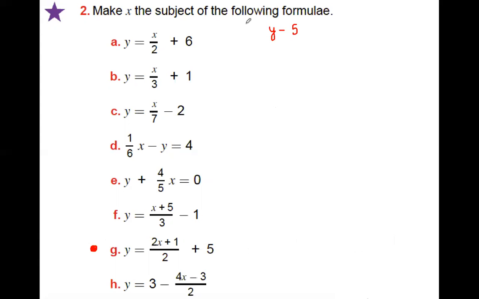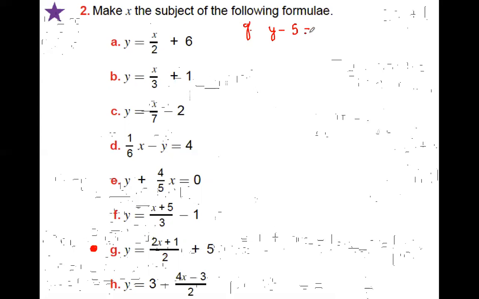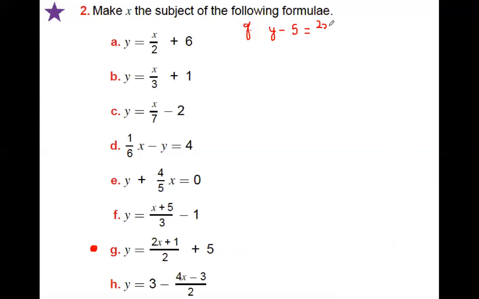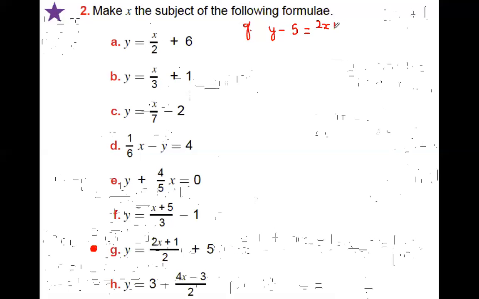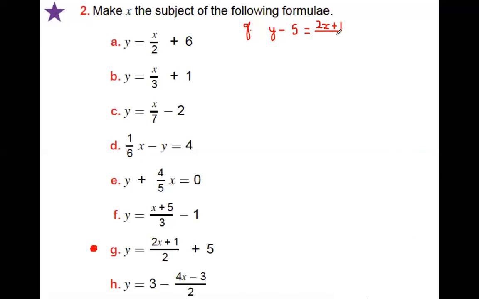So this is G. Let's write it there: y minus 5 equals 2x plus 1 divided by 2. The same way I don't like negative numbers, there is another class of people that hate seeing fractions. So we need to get rid of that divide by 2.